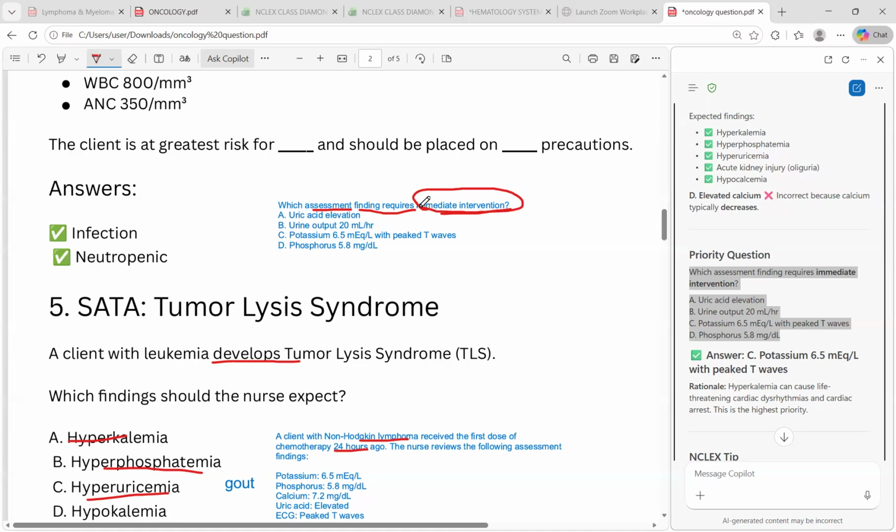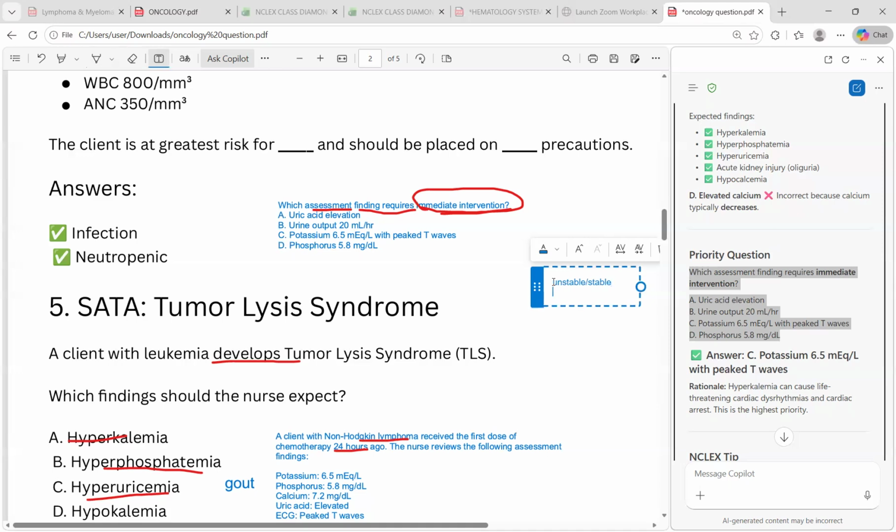Because here they have given some assessment findings, and we have to choose the unstable condition. That means the strategy: stable versus unstable. For the NCLEX priority, the unstable patient we need to meet first, then the stable patient.